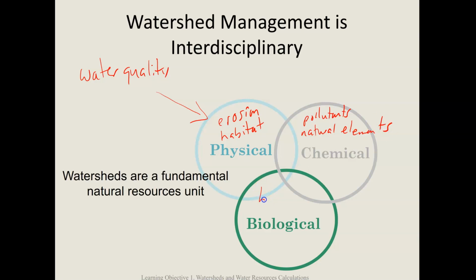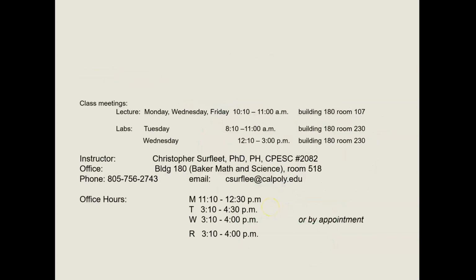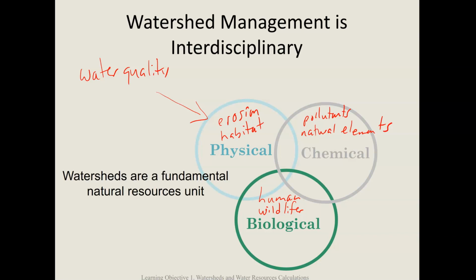And biological, well, we use water. Humans use it, and so do wildlife, fish, invertebrates, and so forth. All of these factors go into why we manage watersheds. So water quality really is the main reason.